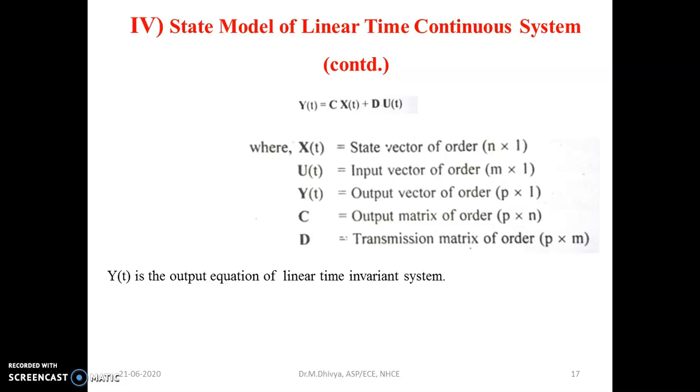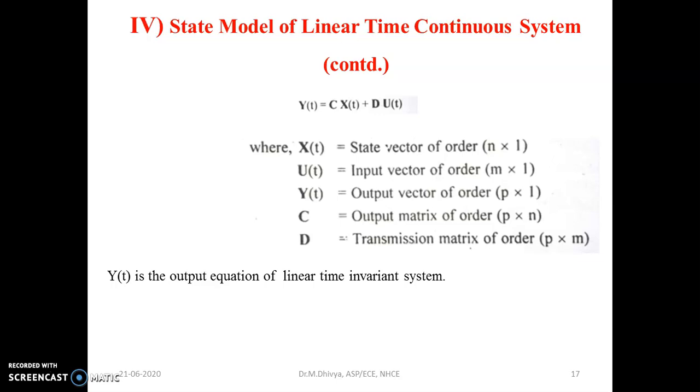The output matrix depends upon the output variables and the state variables. The transmission matrix depends upon the output variables and input variables.